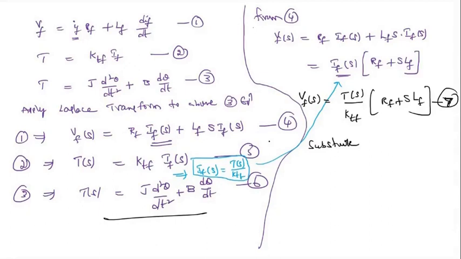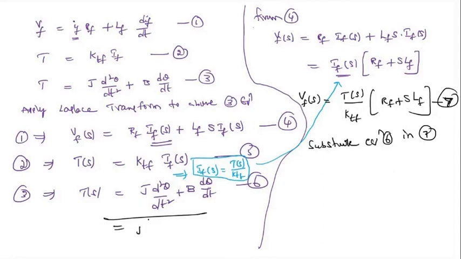So now let us take equation number 7. Substitute equation 6 in 7, because in equation 7 we have T(s), and that T(s) is got from equation 6. Here in equation 6, I have not applied Laplace transform.